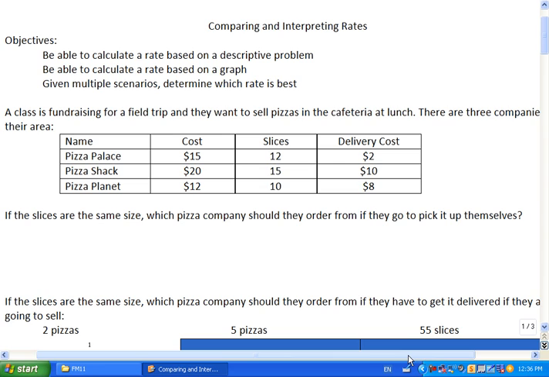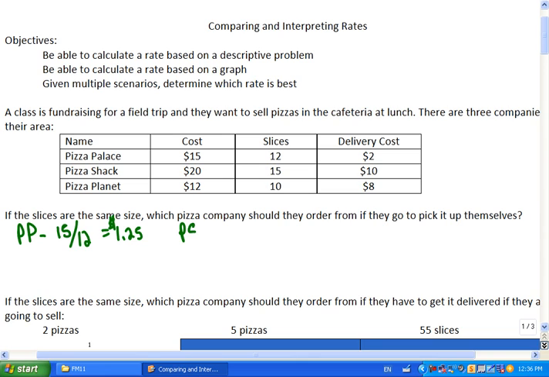So let's go and calculate that. I'll start with the first one. So for the Pizza Palace, let's abbreviate it here so we don't go crazy. It costs us $15, but we get 12 slices. $1.25? So that will be $1.25 then if we're selling that slice.